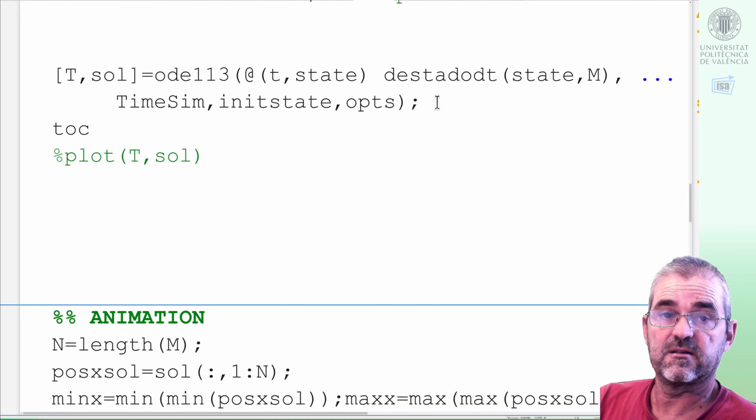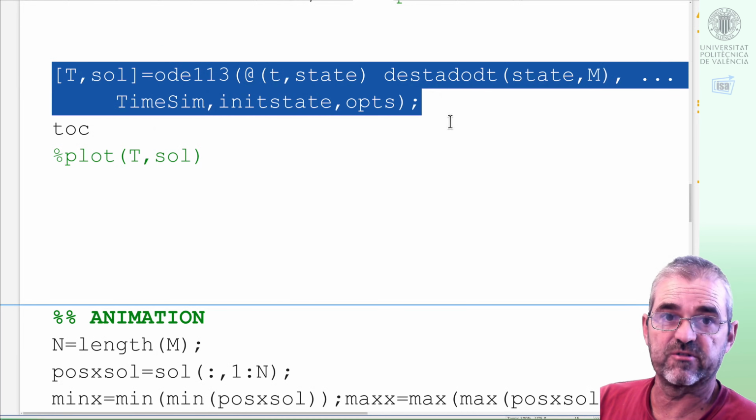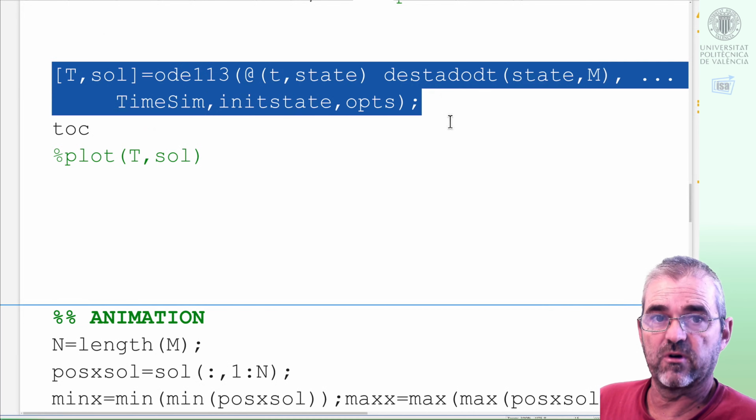And the basic idea of any Matlab simulation in which we use command line scripts, not Simulink, is that everything goes around how to call a suitable numerical integrator.